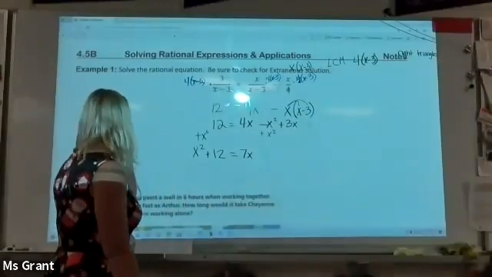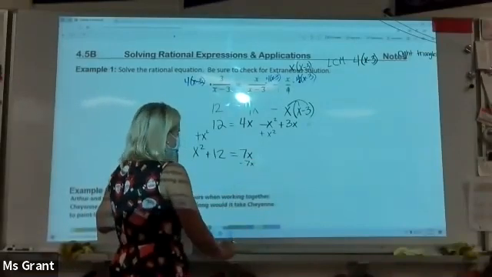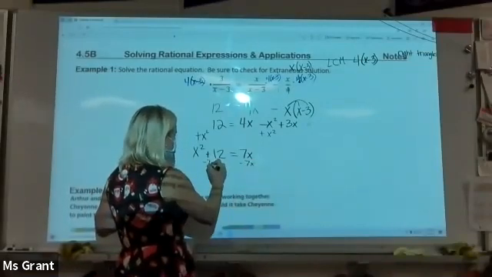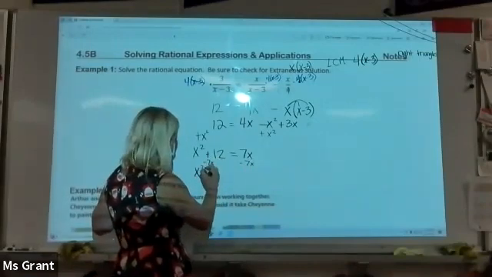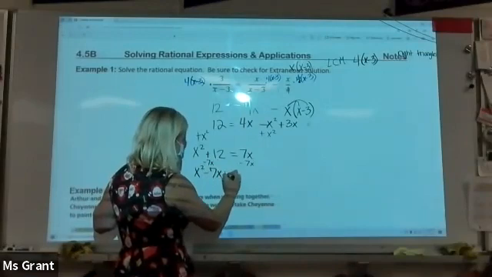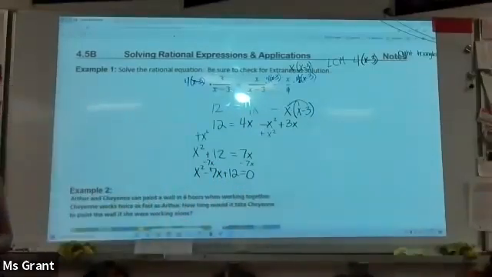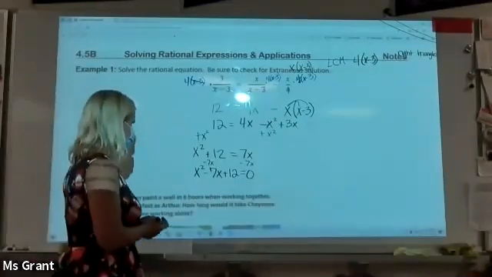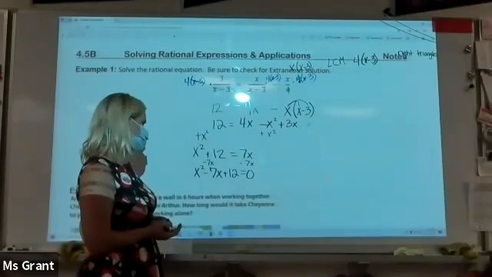But I'll go slow, one step at a time. So the negative 7x is going to have to go in the middle of the x squared and the 12. It's going to look like that. X squared minus 7x plus 12 equals 0.